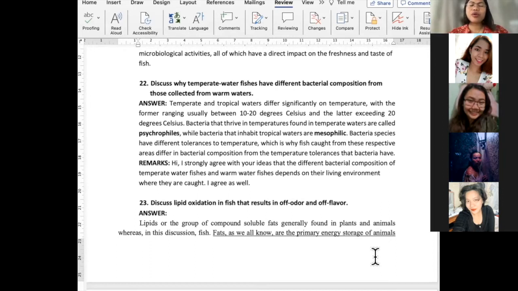The composition of the microbial flora in its environment also varies with temperature. So the composition of temperate waters will be different from tropical waters.